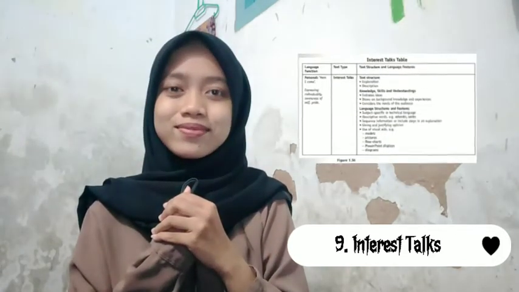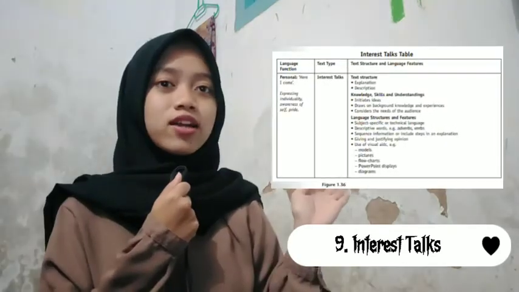Interest talks can be part of daily sharing sessions with a partner or small group, or they can be developed into a planned and formal presentation. And this is the interest talks table. And then, last but not least, the function of oral language is storytelling and anecdotes.